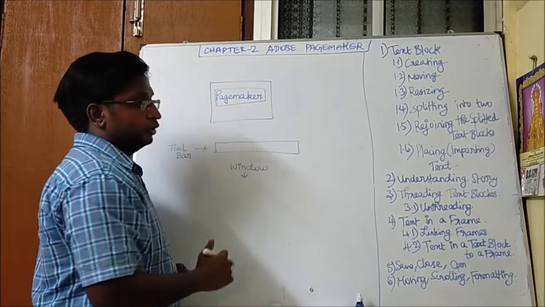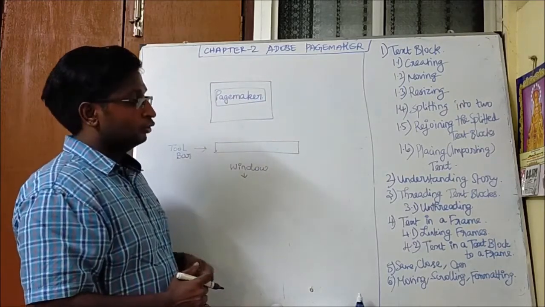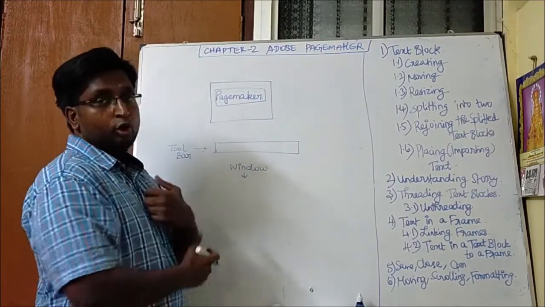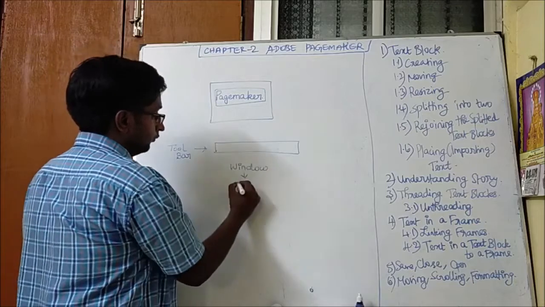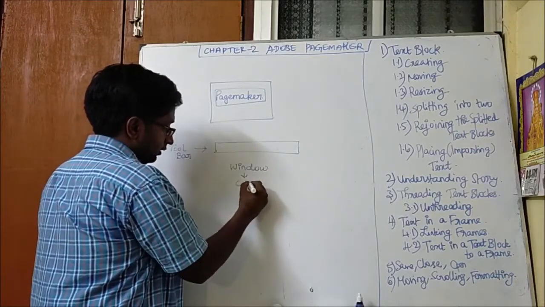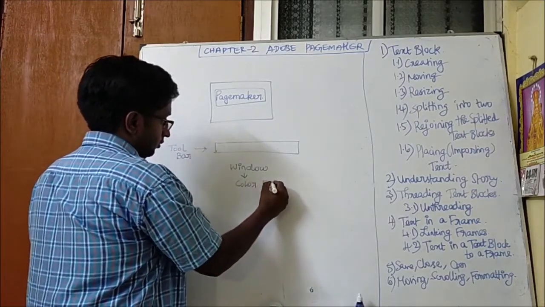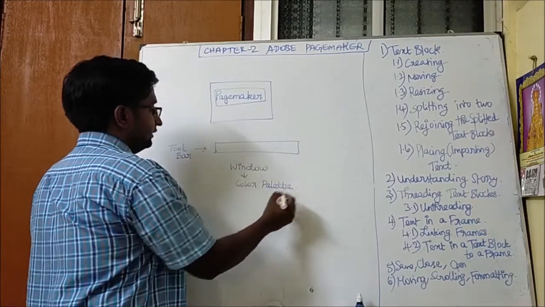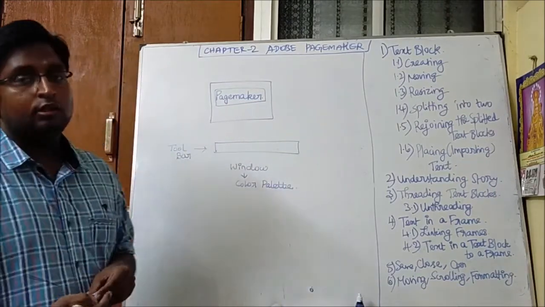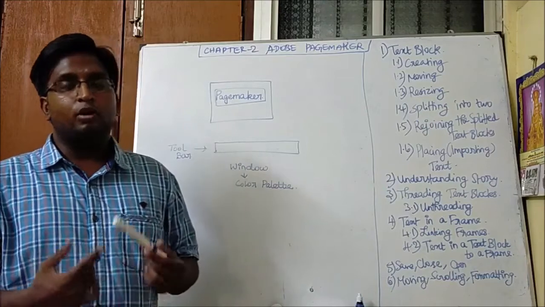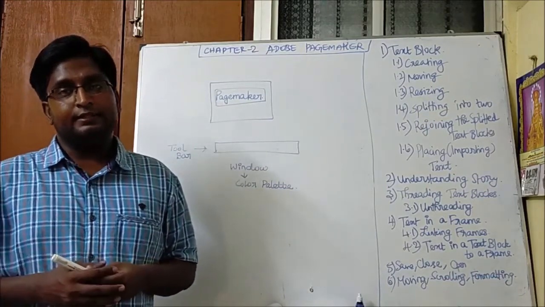The Character Control Palette will also be in the Window menu. From there you can select the color palette. This is how you format the characters and the text.